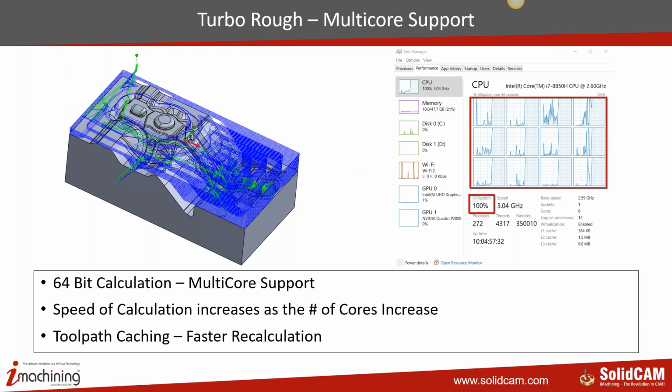That means, let's say I have generated this roughing toolpath, and the depth of cut is 1 millimeter. Now, for some reason, I want to go back and change this depth of cut to 1.5 millimeter or 0.75 millimeter. I don't need to reslice it again because the slice information is all available to me.